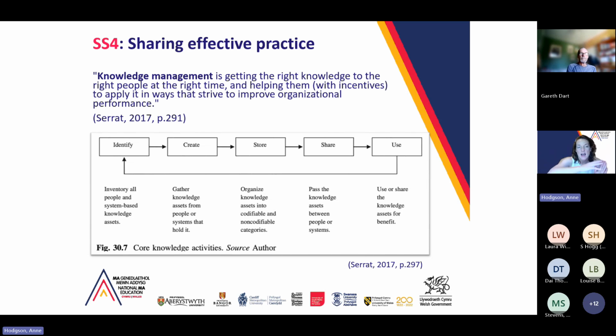It offers a model for identifying the knowledge of best practice, where we hold that, and then how we share it so that it can be used. So that's their cycle of knowledge management.